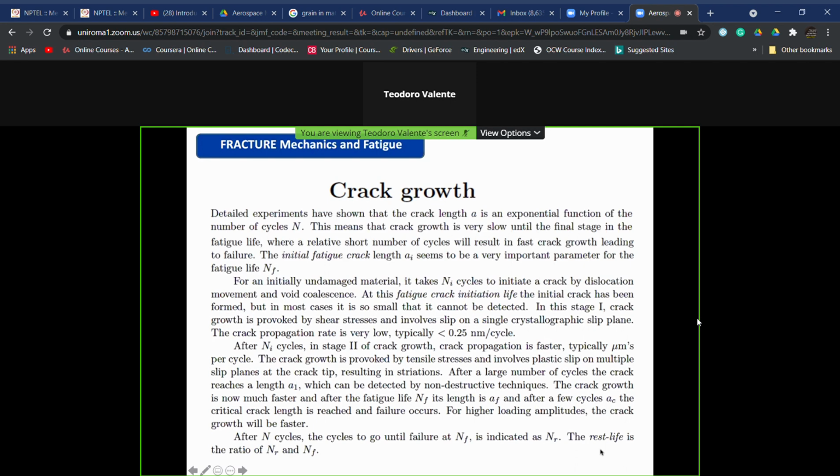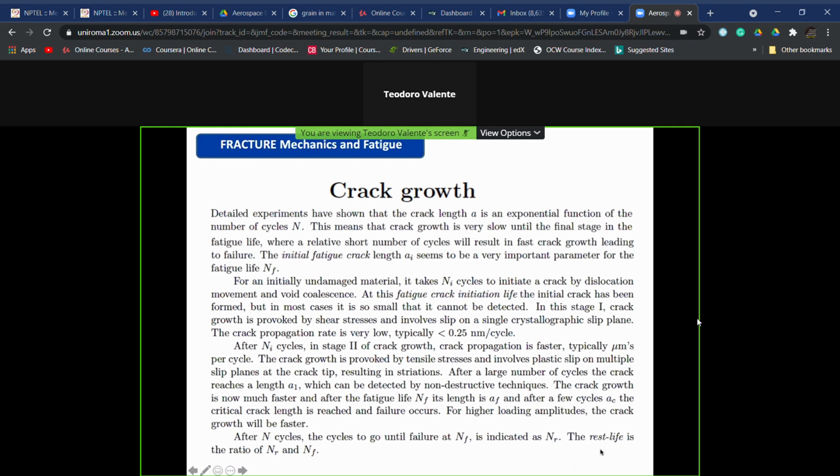Remember what we have seen for crack propagation in ductile materials. At this fatigue crack initiation life, the initial crack has been formed, but in most cases it's quite small, so it cannot be detected, for example, by non-destructive techniques.